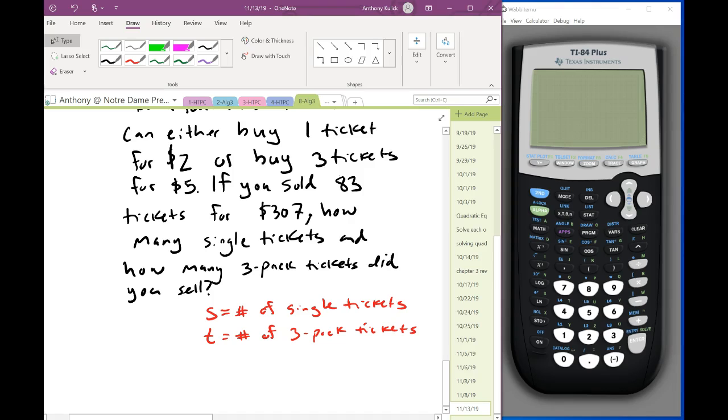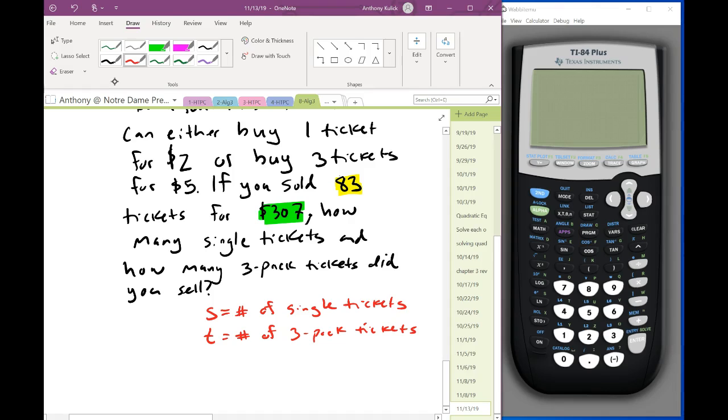Okay. So what I need to do is figure out two equations that I can write from the given information. Well, let's start by looking at the information that we've been given. I know I'm given two totals in this problem, right? 83 total tickets sold and $307 collected.